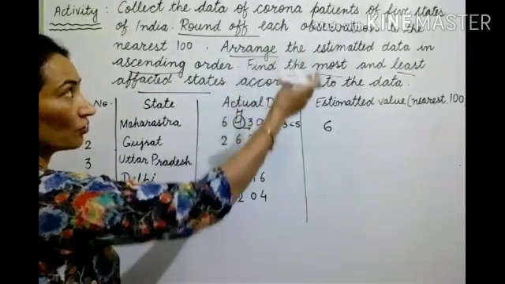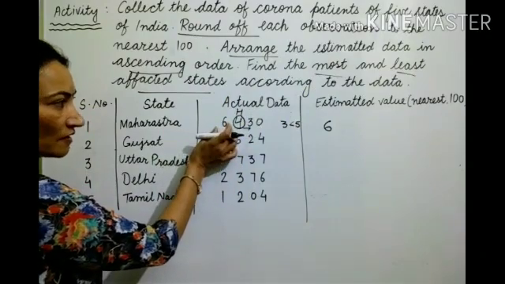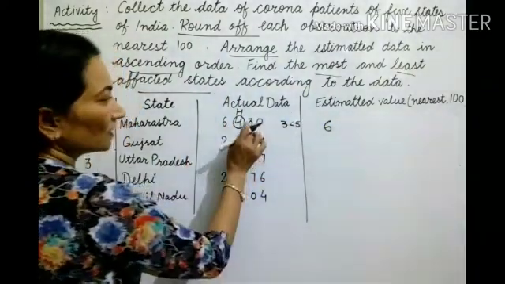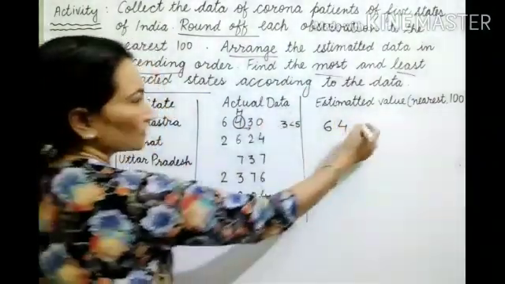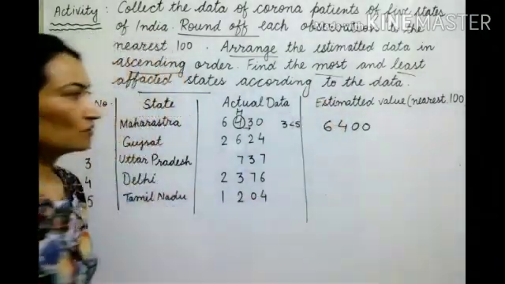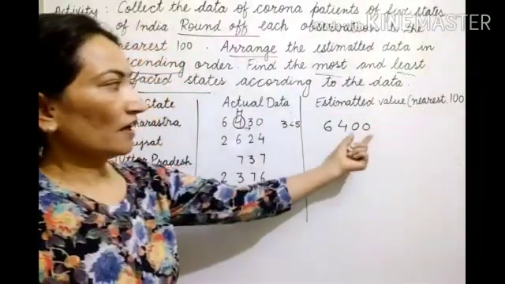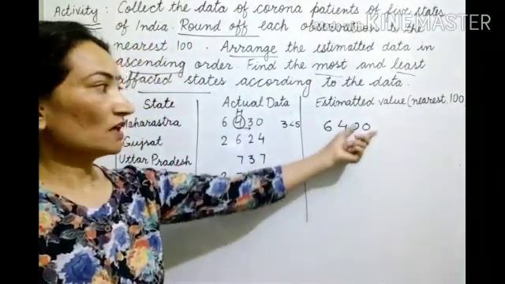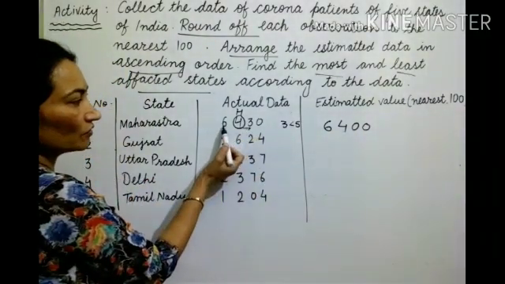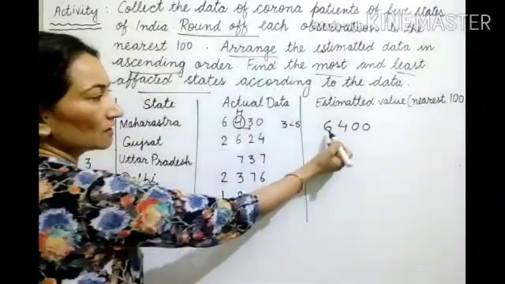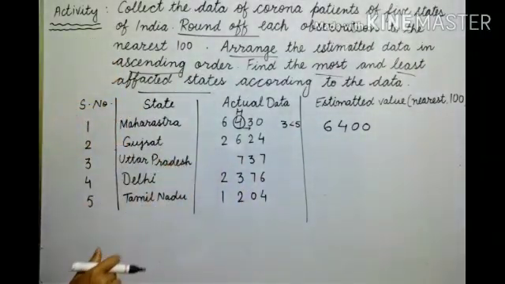We are rounding off to the nearest 100, so the 1000 place will remain the same. As 3 is less than 5, no change in the circled digit, and the last 2 digits will turn to 0. An estimated value to the nearest 100 is a multiple of 100, which means the last 2 digits will be 0. So the estimated value of 6,430 will be 6,400.